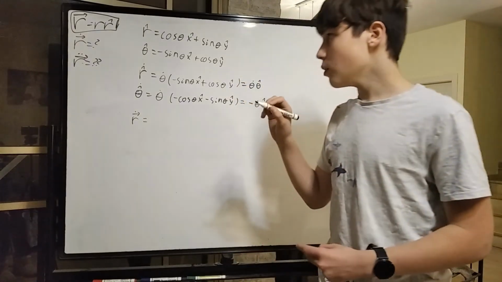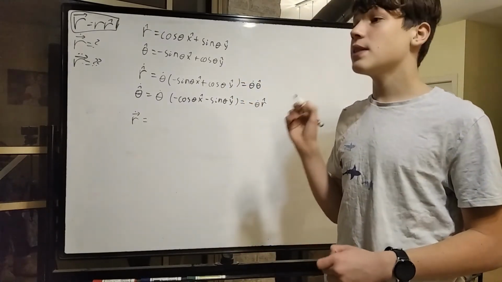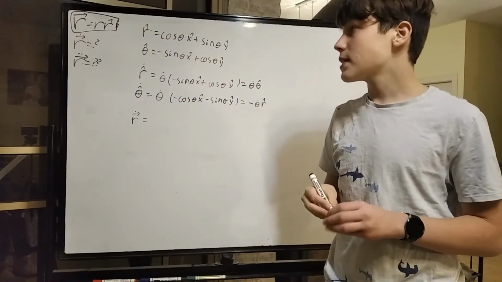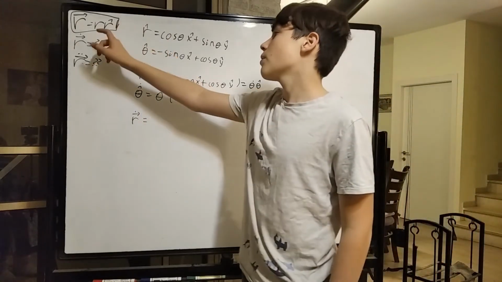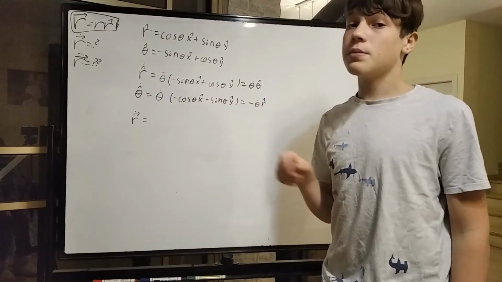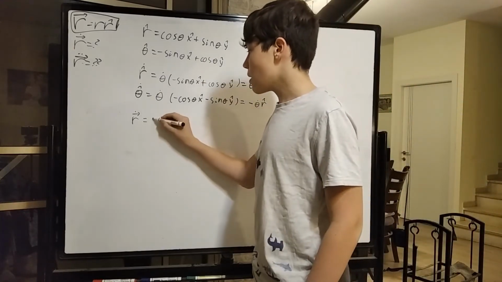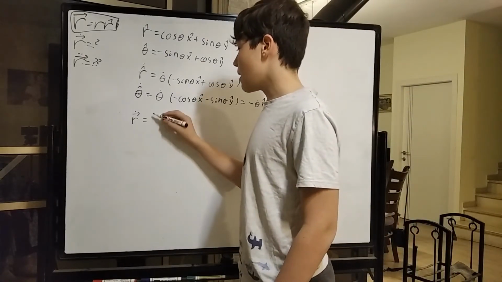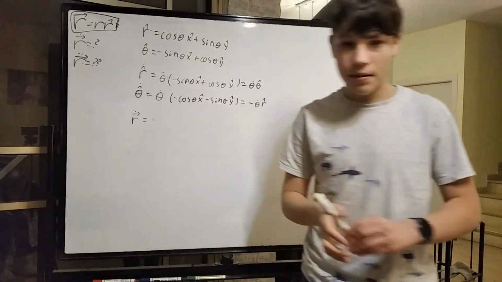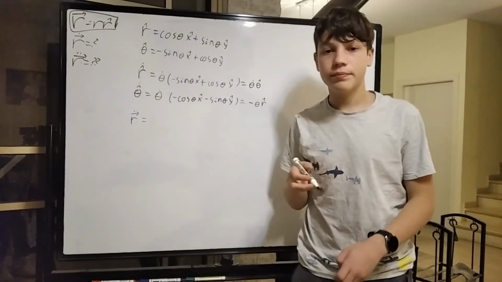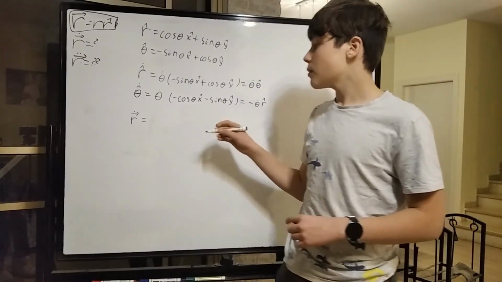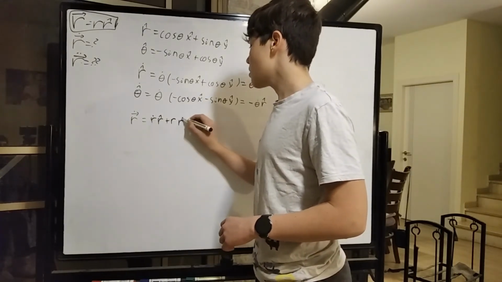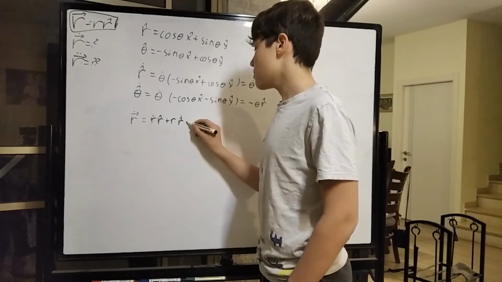We're taking the derivative with respect to time of a product of functions that are with respect to time, meaning this is the derivative of r times r hat plus r times the derivative of r hat. So this is going to be r dot r hat plus r times r hat dot.